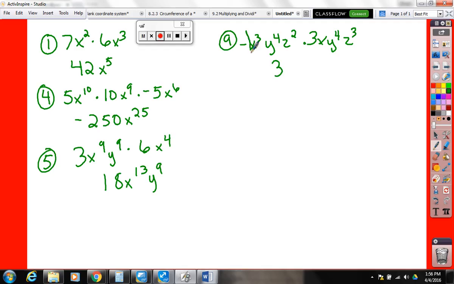Imagine that there's a negative 1 here. Okay, negative 3. Good, negative 3 x to the fourth, y to the 8, z to the fifth. Good. That was a tricky one. I wanted you to see one where there was no number as the coefficient so that you knew to multiply by negative 1. Okay, let's do 11 together also.